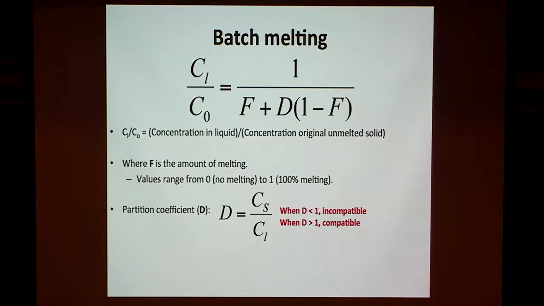So every time your D value is next to 0, and your F value is next to 0, you really concentrate the heck out of the highly incompatible elements. And sometimes it's observed that element abundances in mid-ocean ridge basalts, for an element like barium, are more abundant than you'd ever predict.